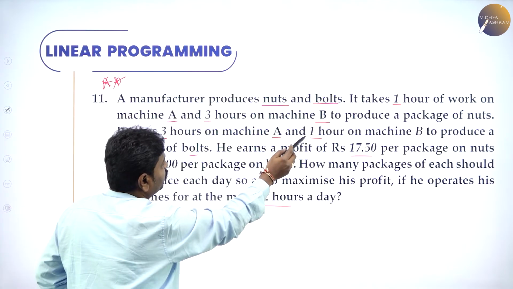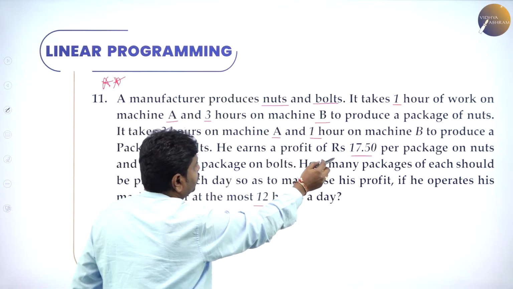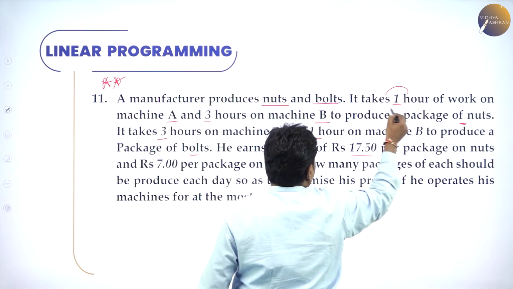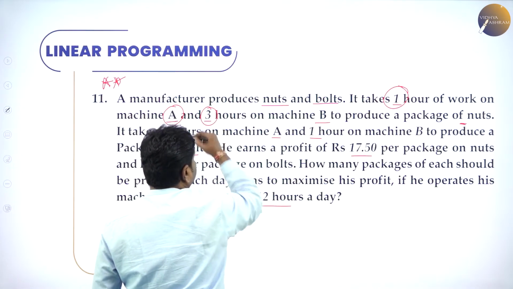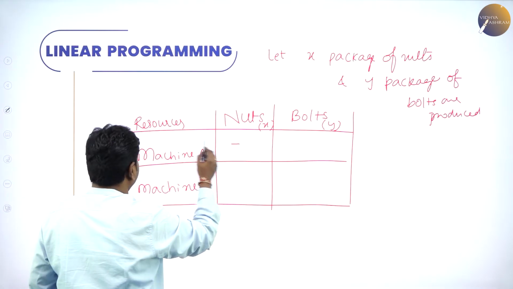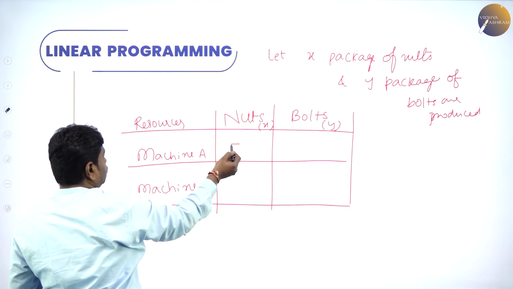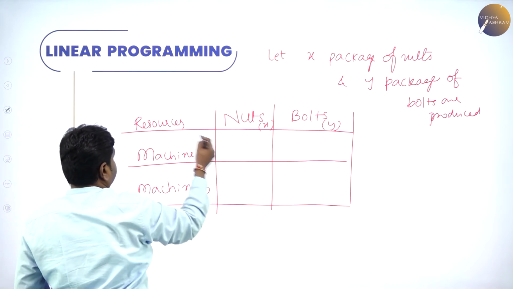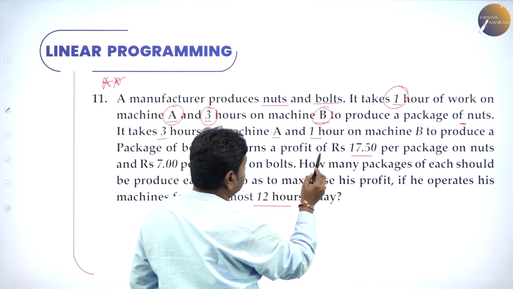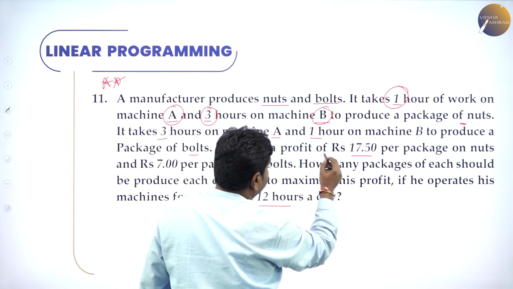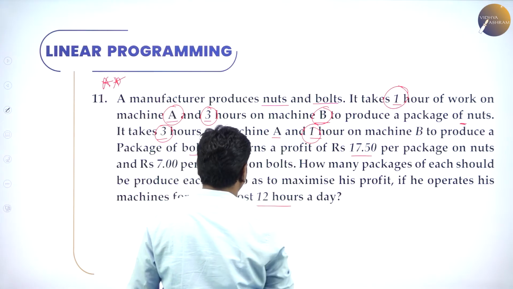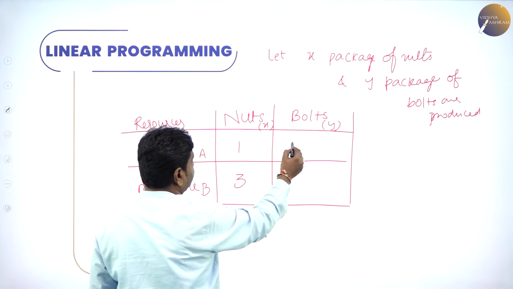To produce one package of nuts, they have given 1 hour of machine A and 3 hours of machine B. So in the nuts column, 1 hour of machine A and 3 hours of machine B. Similarly, to produce a package of bolts, 3 hours of machine A and 1 hour of machine B.